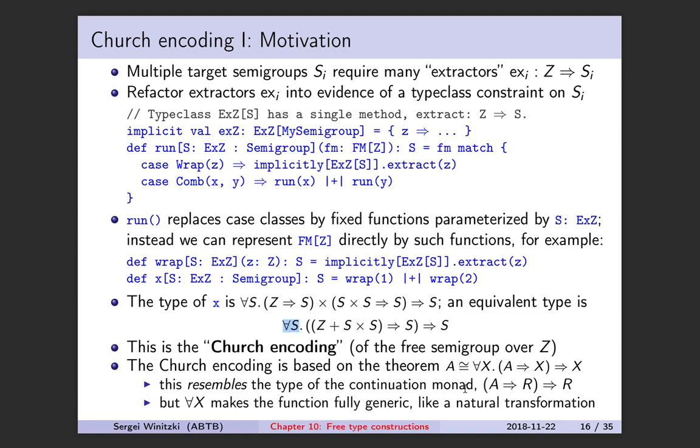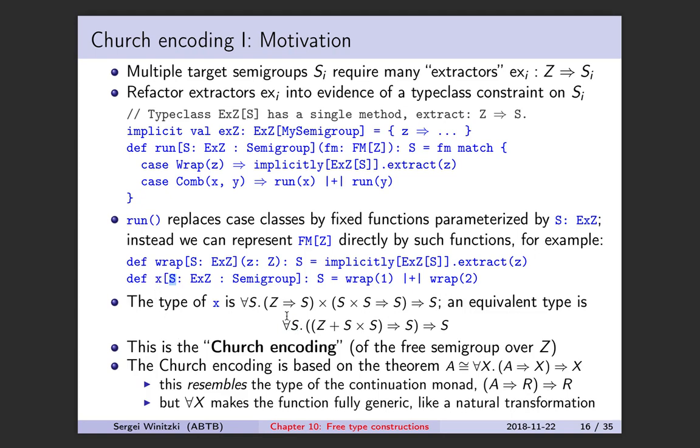The continuation monad has a fixed result type R. It is not quantified over that type. It is not parametrized by that type, and does not have "for all R" in front of this. But we do have "for all S" because this is our type parameter in the function.